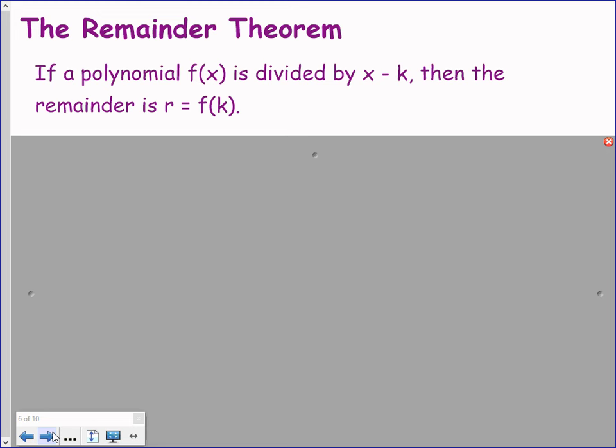Notice this theorem states specifically for dividing by x minus k, where x minus k would be a linear factor because it has degree 1. I think the key to the remainder theorem is understanding the then statement. Then the remainder is r equals f of k.